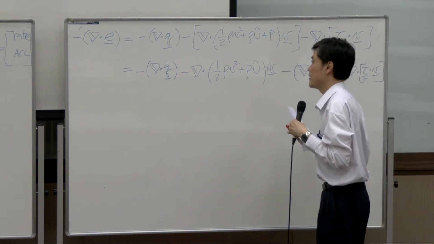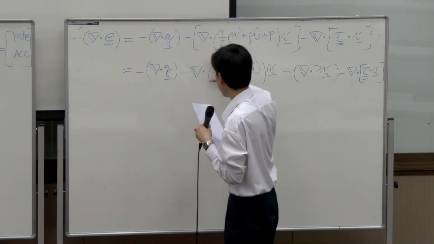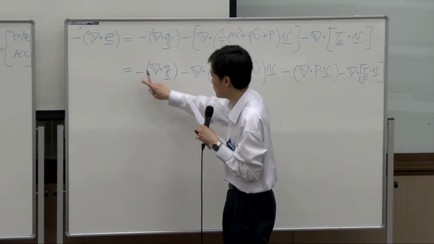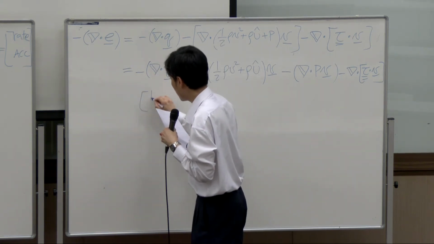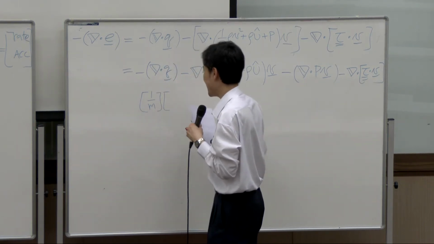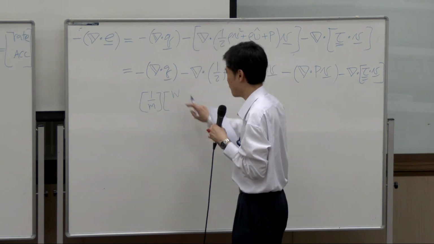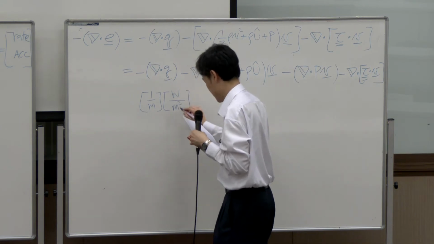All right? If we consider units, the unit of everything within this equation is supposed to be the same. So we can just consider the unit of one term. The first term: del itself has unit of 1 over meter. Q, which is heat flux, is supposed to be energy per unit time, which is watt per unit area.